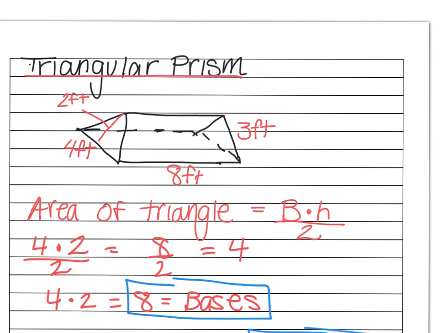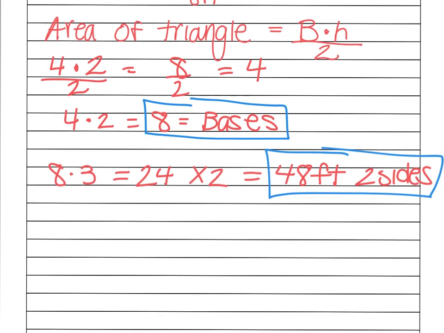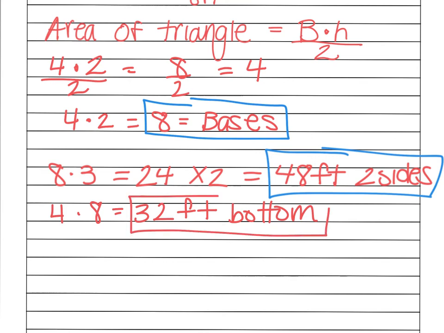And so that would be a rectangle of 4 times 8. So we go ahead and do 4 times 8. So 4 times 8 is 32 feet. And that would be the bottom of the triangular prism where it sits on the ground.